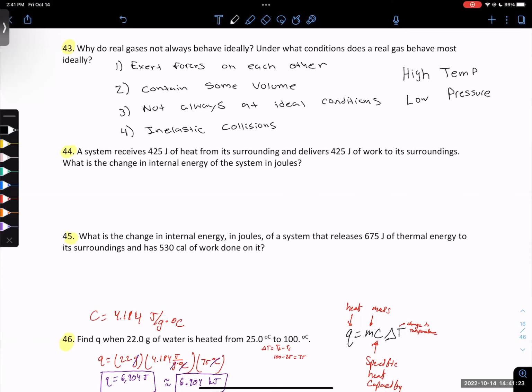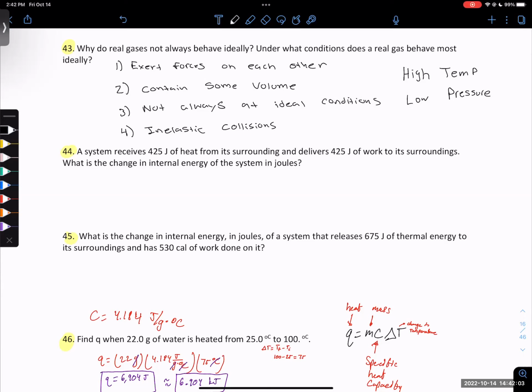But if you're moving really fast, it's much harder to interact with each other, because if you're moving slow, you have a lot of time to have a conversation with someone, but if you're moving fast past someone in a car, you try to say hi, they probably won't even hear you. So there's not enough time for forces to be exerted on each other when they're moving super fast.